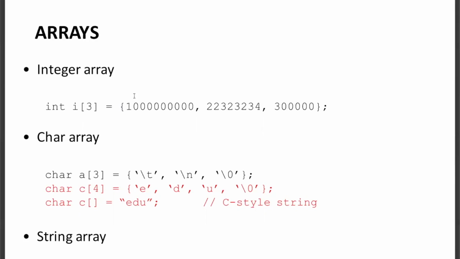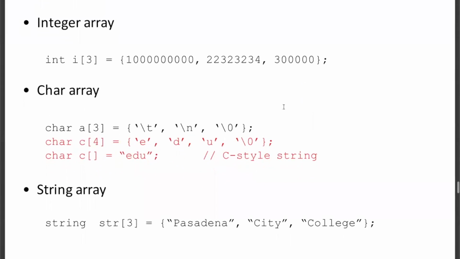Each 4 bytes is going to give you a number, and they're basically sitting next to each other. Same thing with a collection of chars. We know a char is 1 byte. So in this case, there's 3 bytes of memory space, and 4 bytes of memory space. In this case, there's actually 4 bytes of memory space as well.